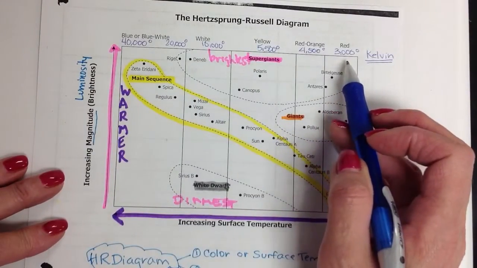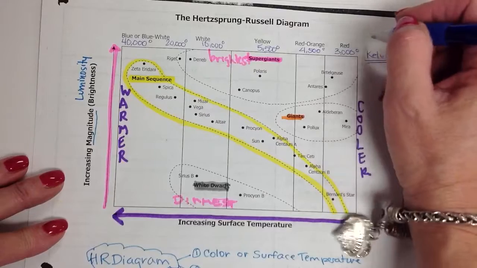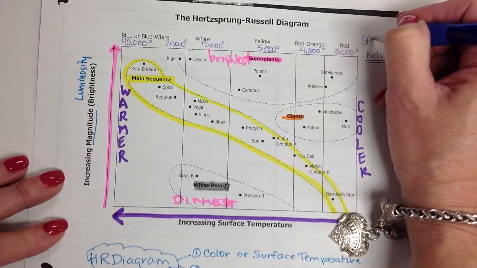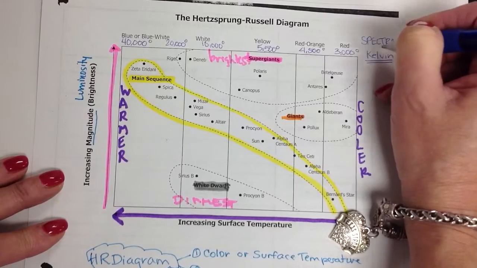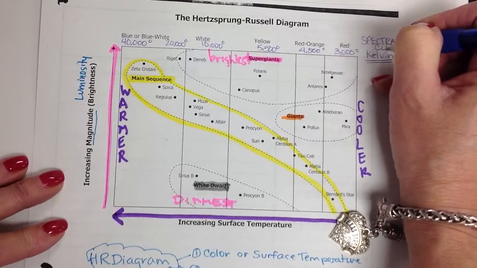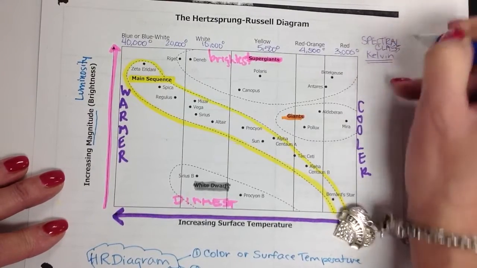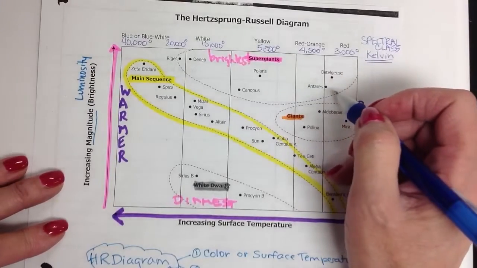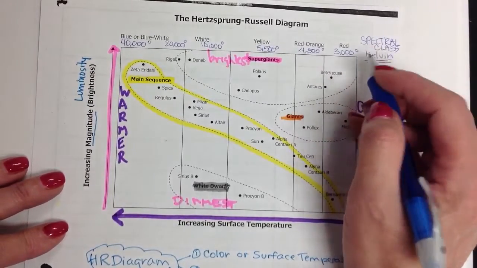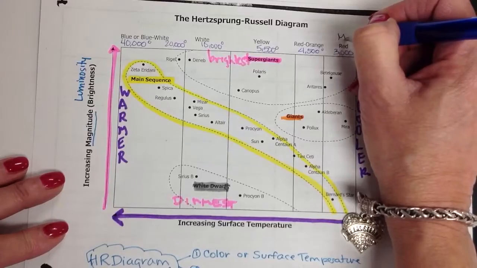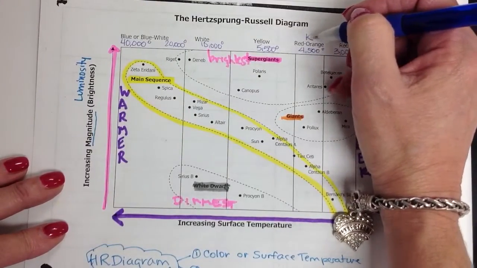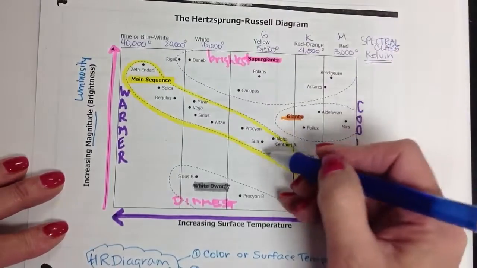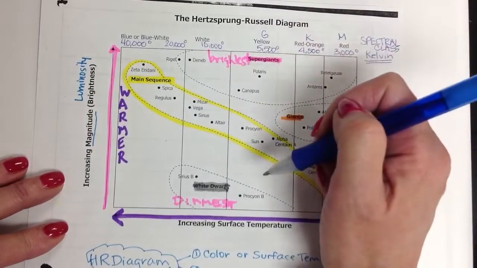Temperature is also what is associated with what is known as spectral class, and these are just letters that correspond to the temperature. But I want you to have seen them just in case they pop up on one of the diagrams in the station lab. So M is for red, K is for red-orange, G is for yellow. So our sun is definitely a yellow star.